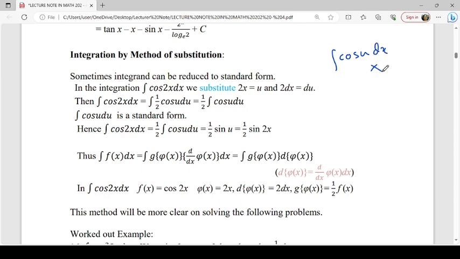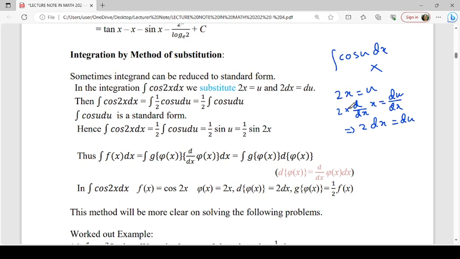Whenever we substitute twice x for u, dx must be written in terms of du. So first we substitute twice x equal to u, then 2 into d by dx of x is equal to du by dx, and we write it now as 2 dx equal to du.